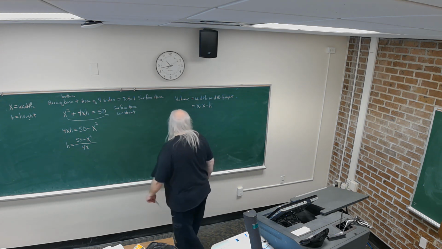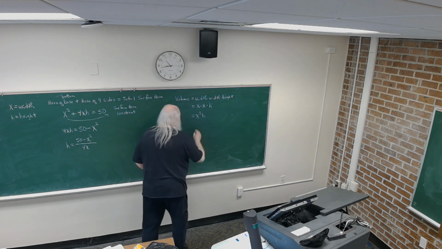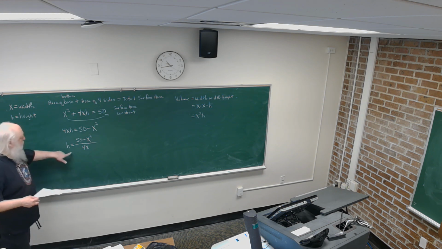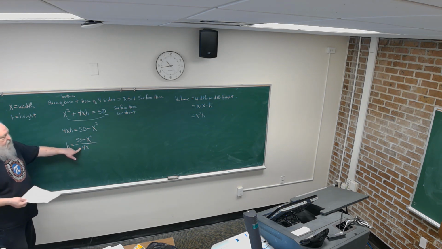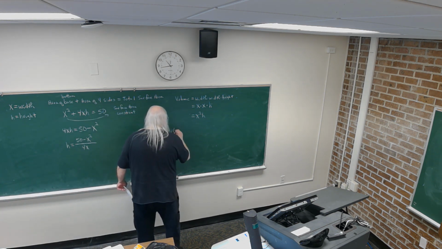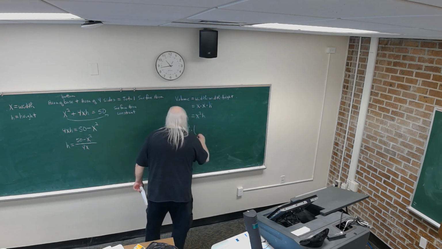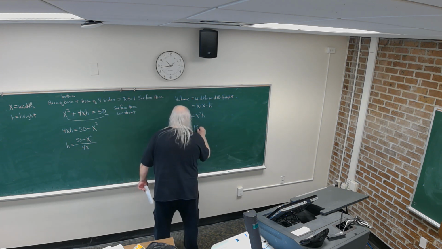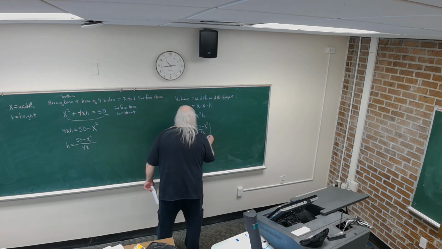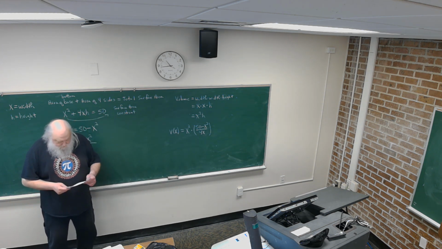So it's x times h, so volume is equal to x squared times h. And now if I replace h with this on the right-hand side, I can write the volume as a function of x. So the volume as a function of x is equal to x squared times h, which is (50 minus x squared) over 4x. So that's the volume as a function of x.